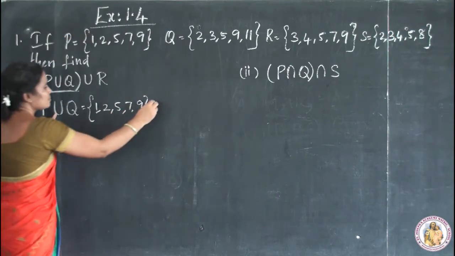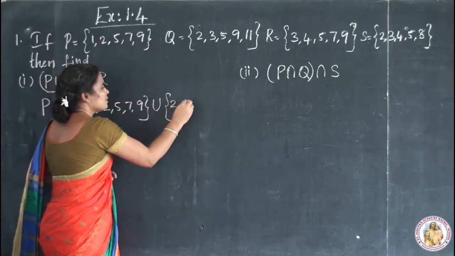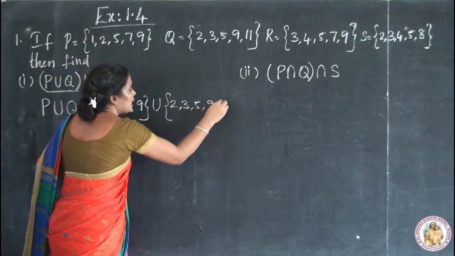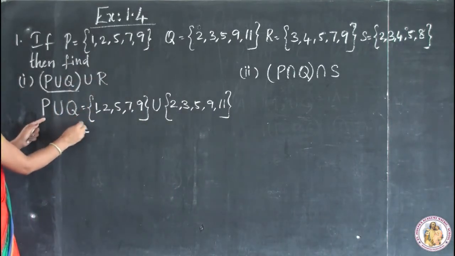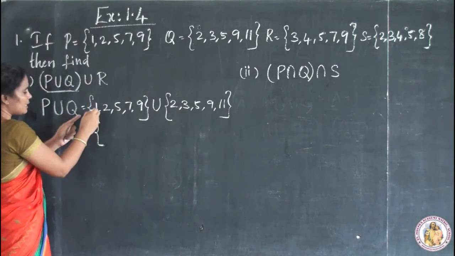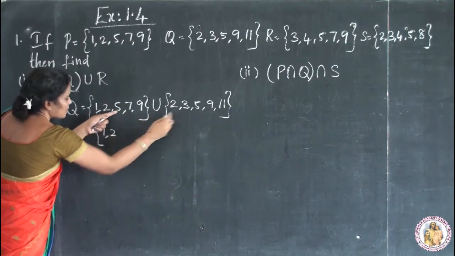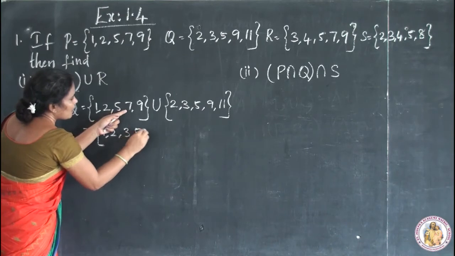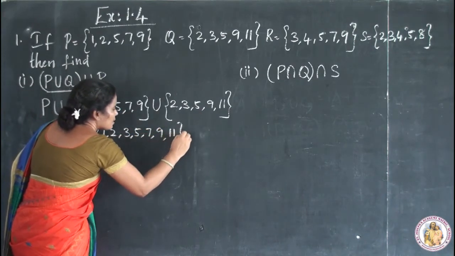Union Q. What is Q? 2, 3, 5, 9, 11. P union Q: write all the elements which are present in P and Q. 1, 2, here we have 3, 5, 7, 9 and 11.